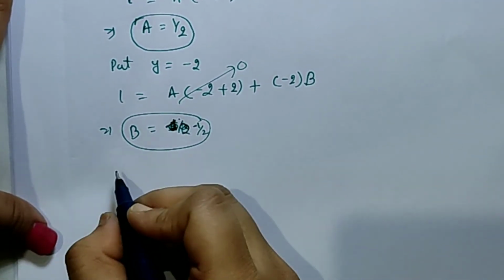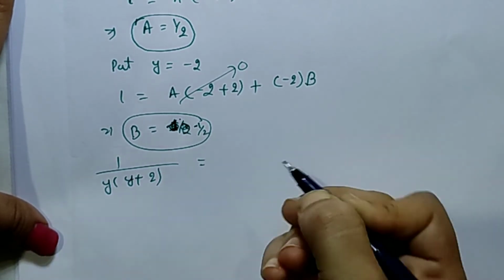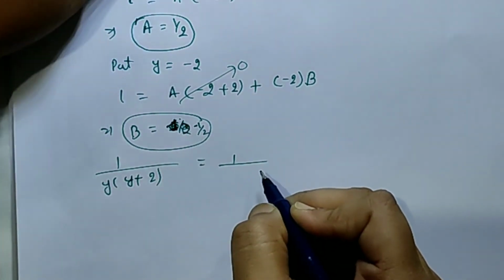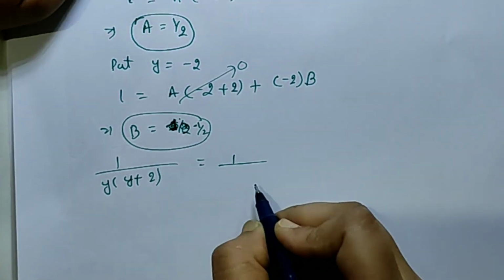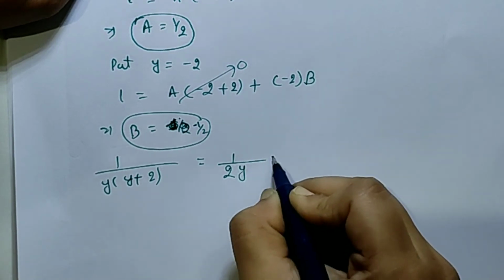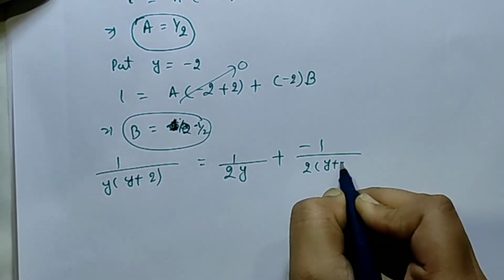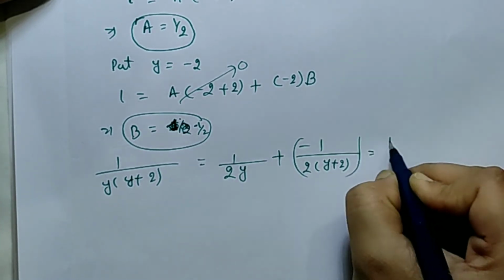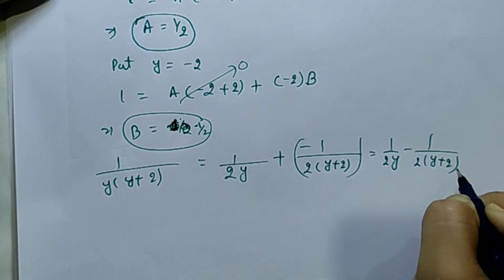Now 1 by y into y plus 2 is equal to 1. In place of a, we can put 1 by 2, so a is equal to 1 by 2 into y, plus in place of b, we can put minus 1 by 2 into y plus 2.